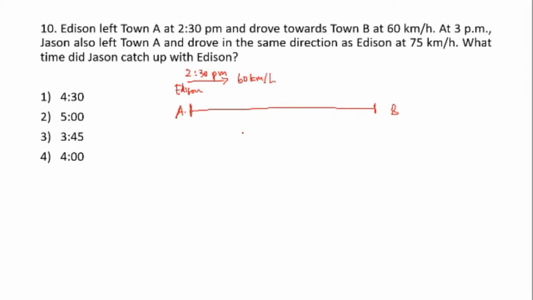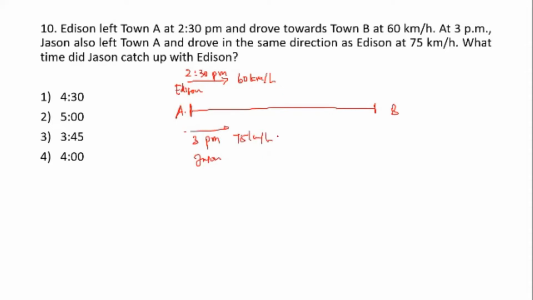All right, and at 3 p.m., Jason left Town A and drove in the same direction as Edison at 75 kilometers per hour.